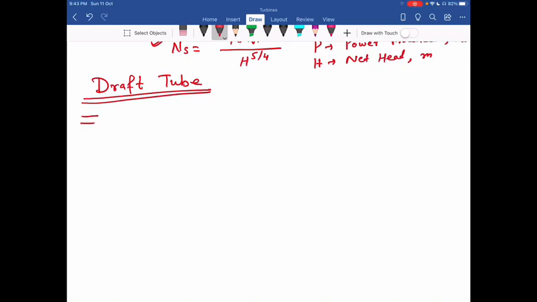The aim is now to install the turbine above tail race level.